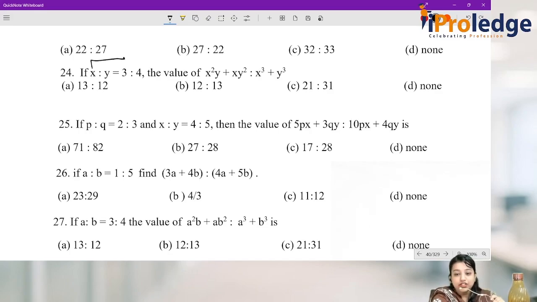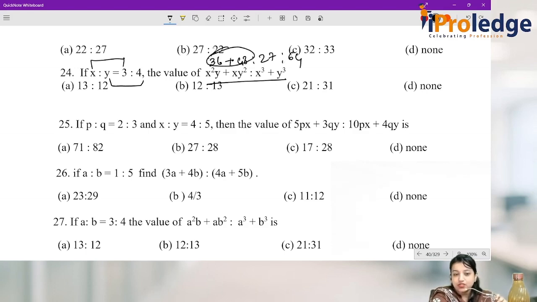X will be equal to 3, y will be equal to 4. Substitute the values. So 3 square is 9, 9 into 4, 9 4s are 36, plus 3 cube is 27, 4 cube is 64.